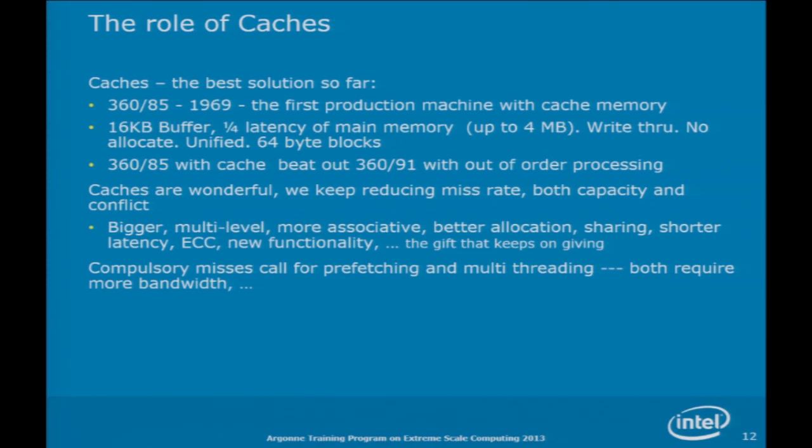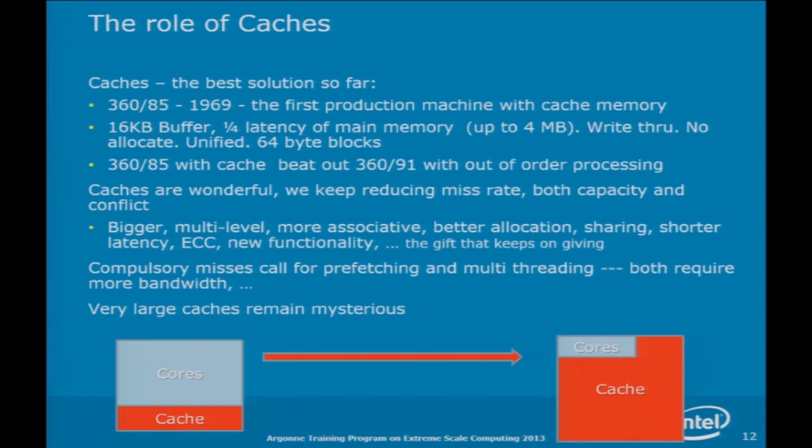We're reducing latency, we're adding ECC for reliability, we add new functionality to the cache all the time. And chips to some extent have gone from mostly cores with a little bit of cache to now mostly cache with a little bit of cores. And it's probably a recent trade-off.